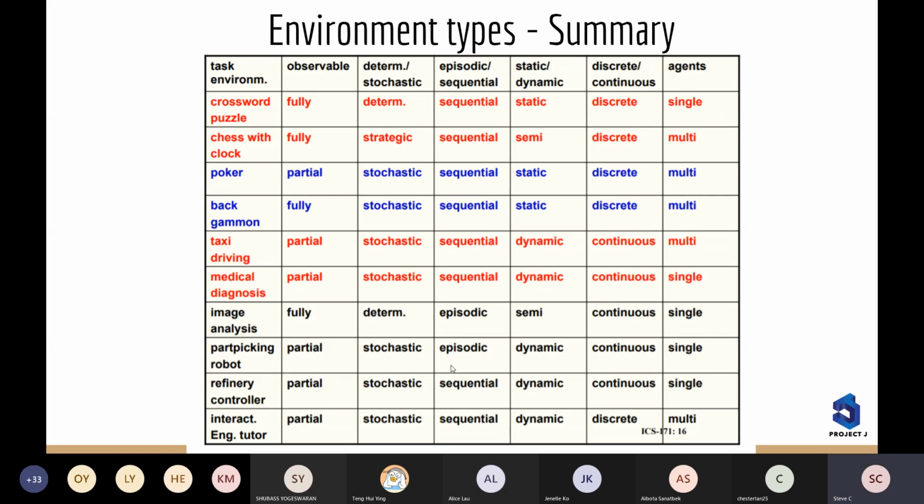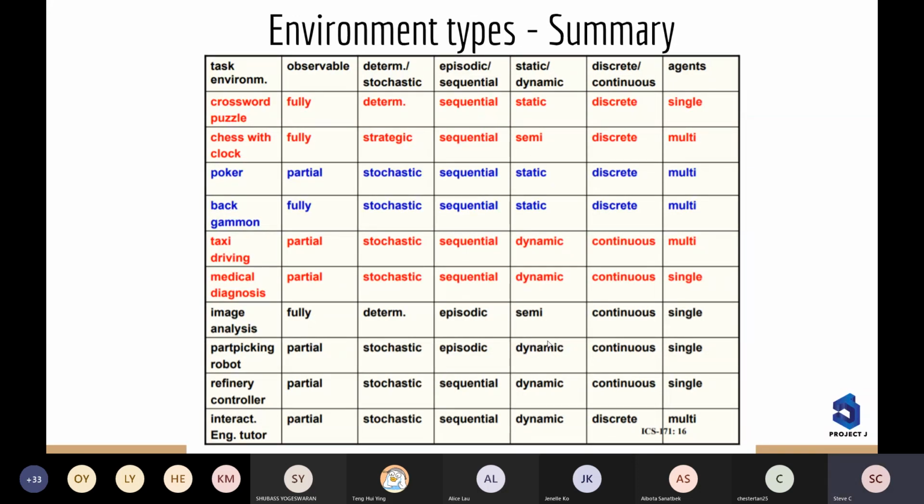That's why it is episodic, not sequential. The previous action does not influence the next sequence of actions. Is it static or dynamic? It is dynamic because you have the conveyor belt that's constantly moving to move the box, to move the bins.